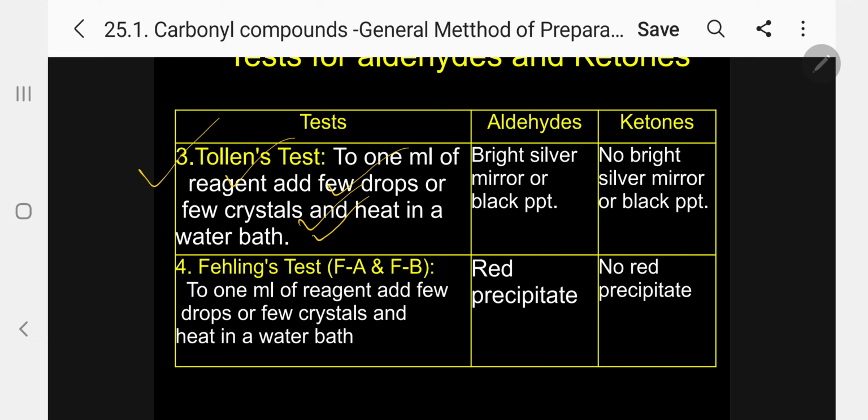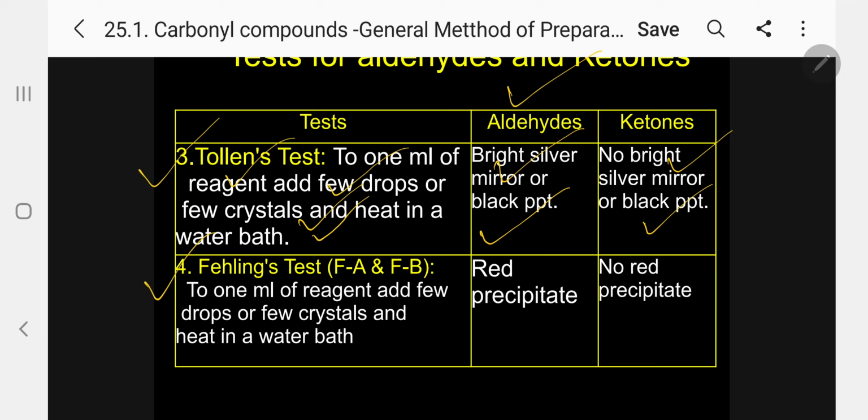In the case of aldehyde, a bright silver mirror or black precipitate is formed. No bright silver mirror or black precipitate shows ketone. So only aldehyde is positive and ketone negative in Tollens' test.